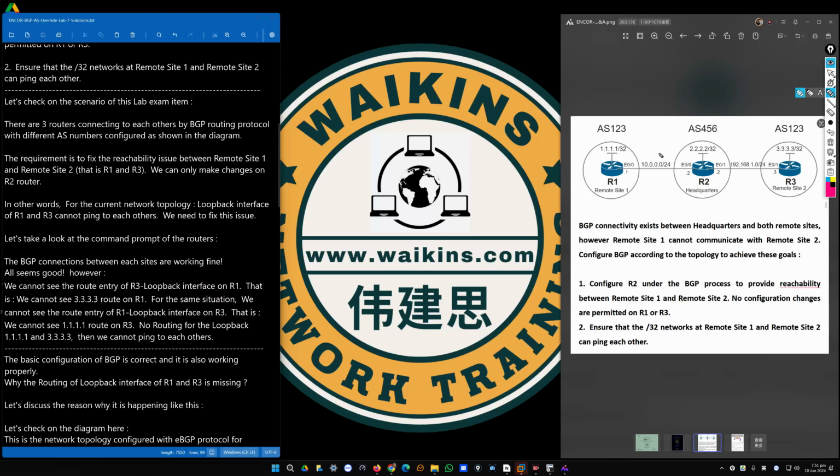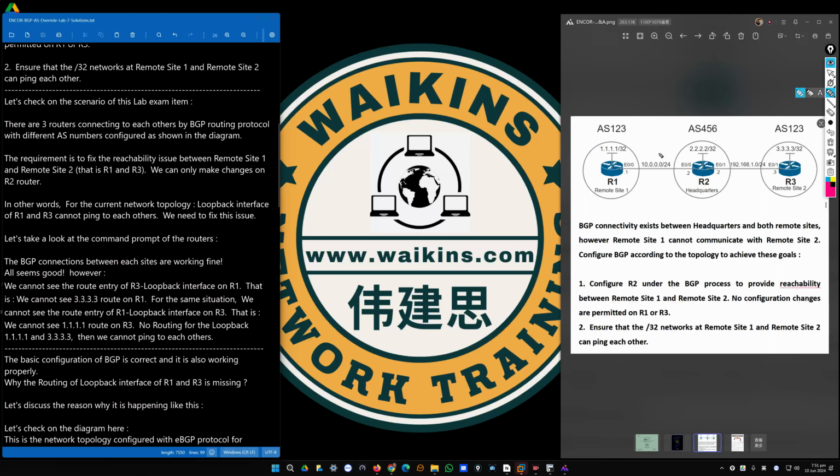Let's check the scenario of this lab exam item. There are 3 routers connecting to each other by the BGP routing protocol with different AS numbers configured as shown in the diagram. The requirement is to fix the reachability issue between remote site 1 and remote site 2.